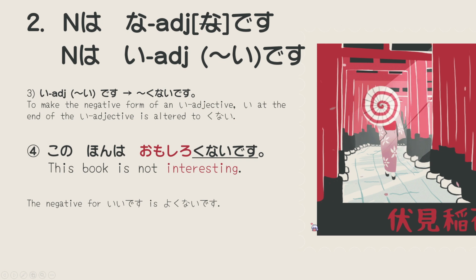Let's go to negative form of e-adjectives. To make the negative form of an e-adjective, the e at the end of the adjective is altered to kunai, from e to kunai. For example, we have here この本は面白くないです.